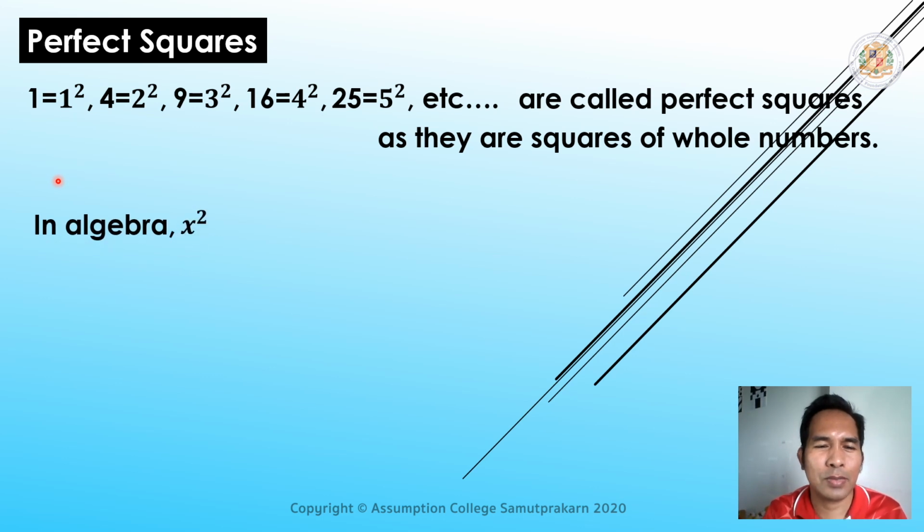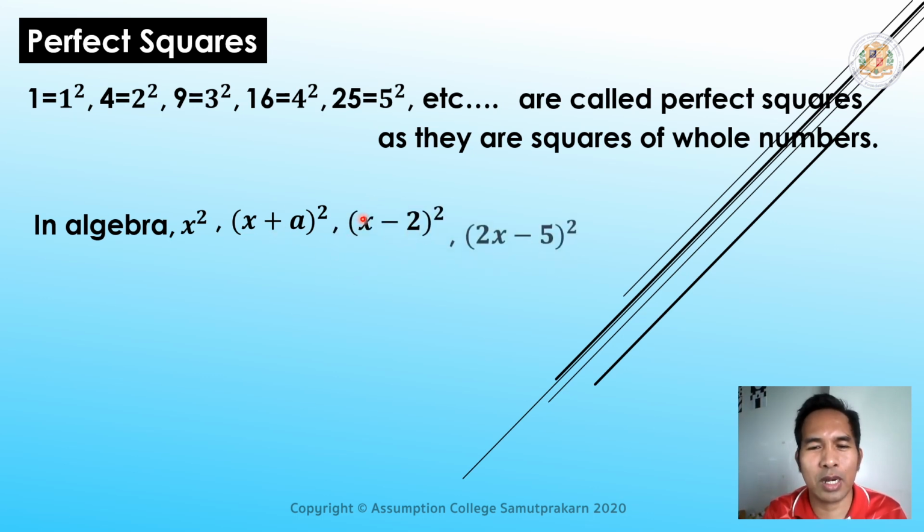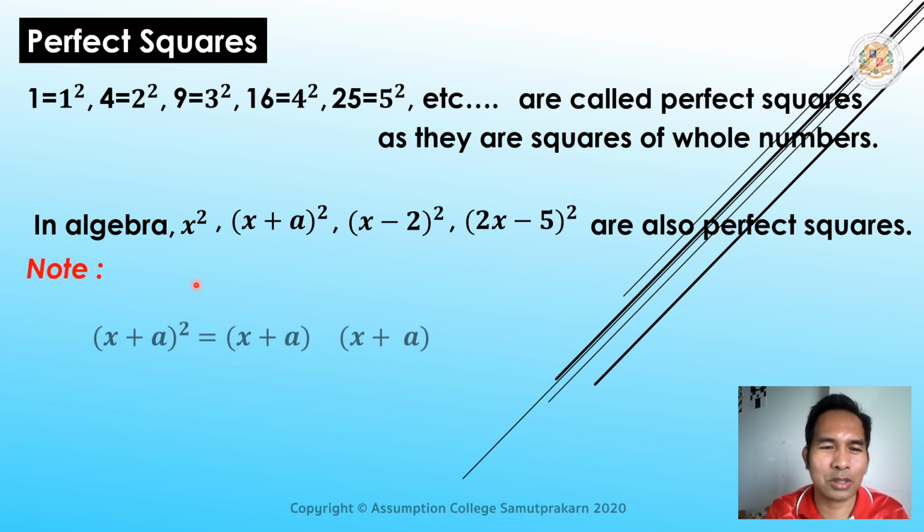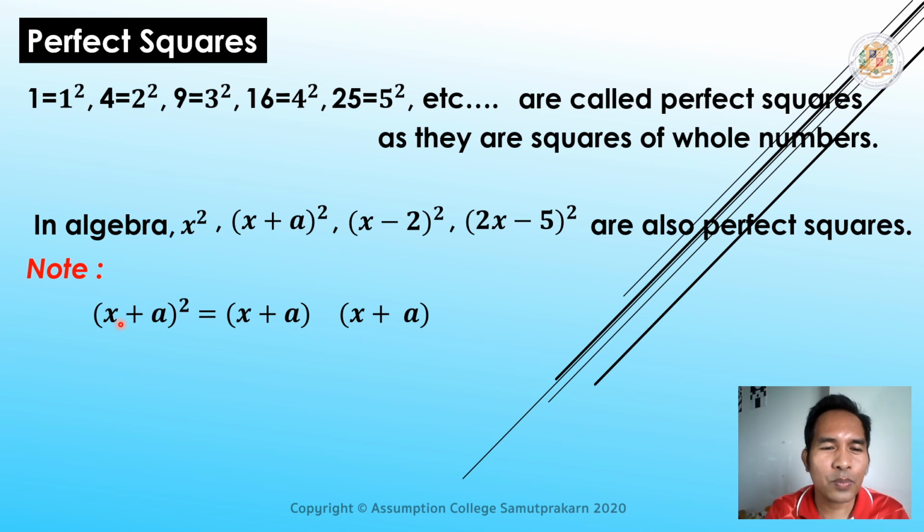In algebra, x squared, x plus a quantity squared, x minus 2 quantity squared, 2x minus 5 quantity squared are also perfect squares. Okay, so note, x plus a quantity squared is the same as x plus a times x plus a.